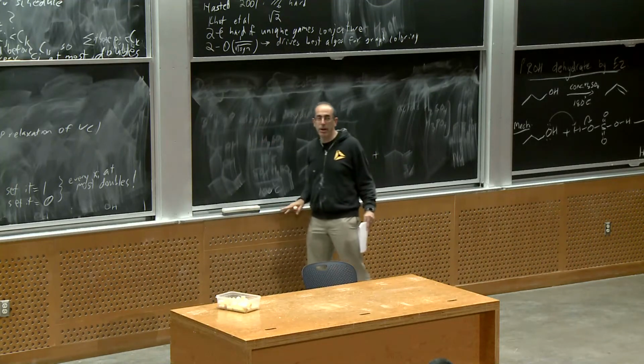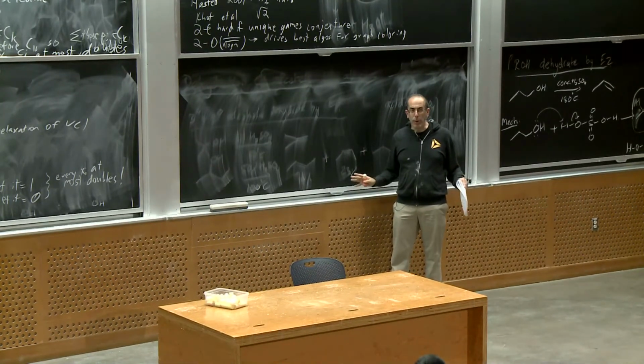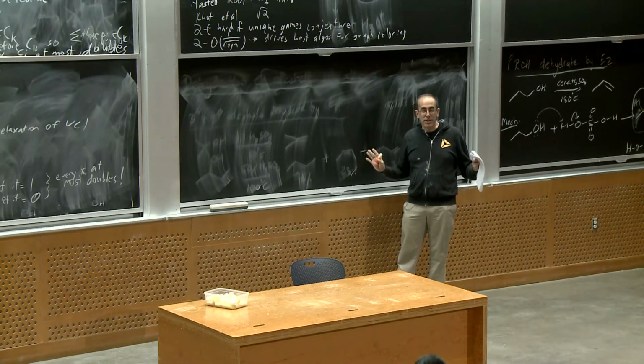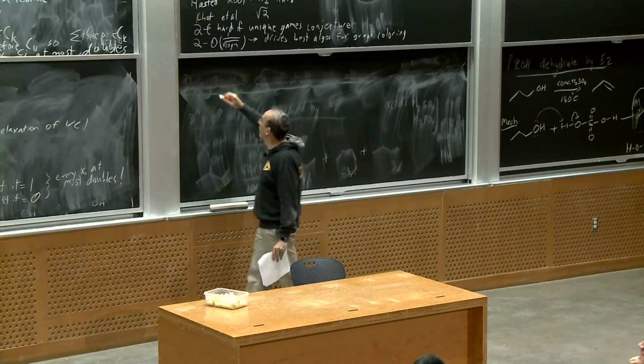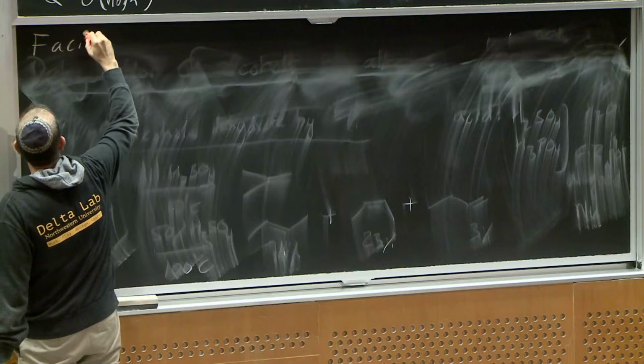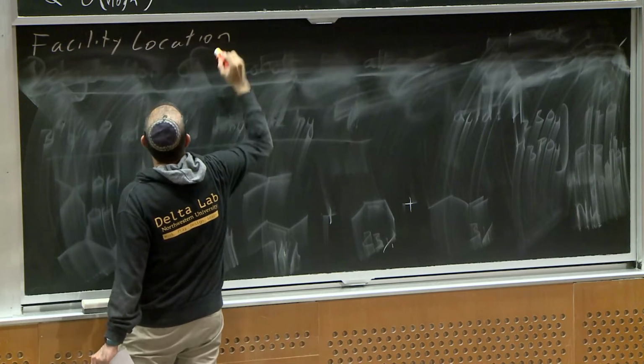So the last time I taught this course, the thing that everybody wanted at all times was boba. And I'm not sure if this is still true, but I will work with that formulation. So this is known as the facility location problem. Okay.